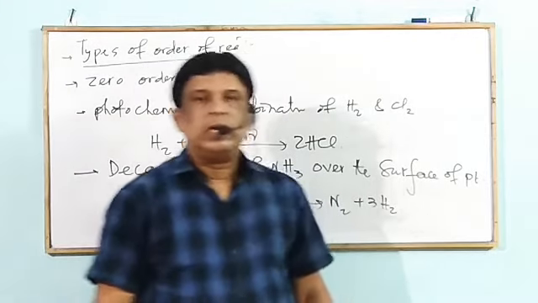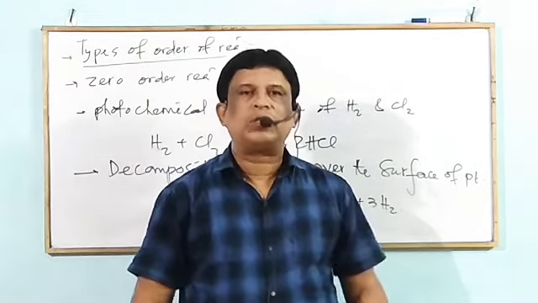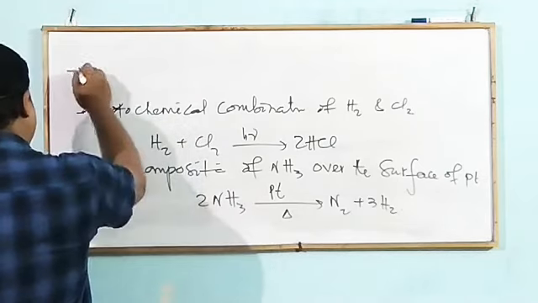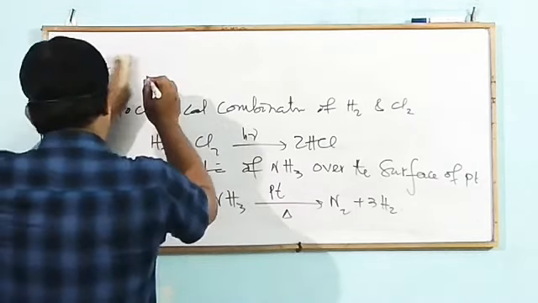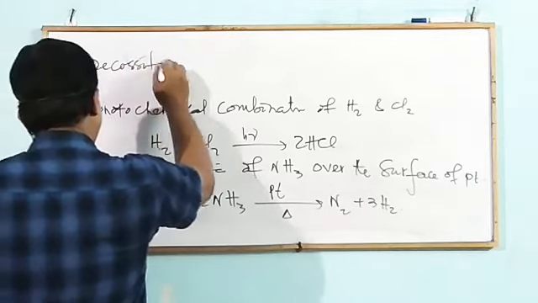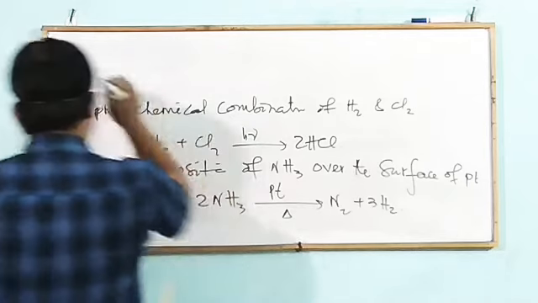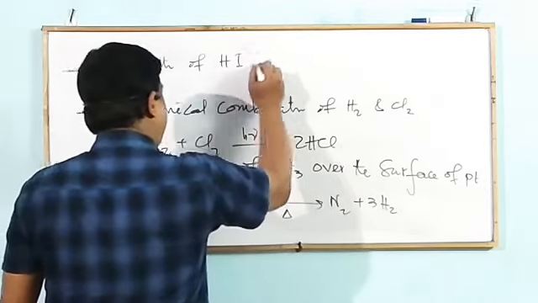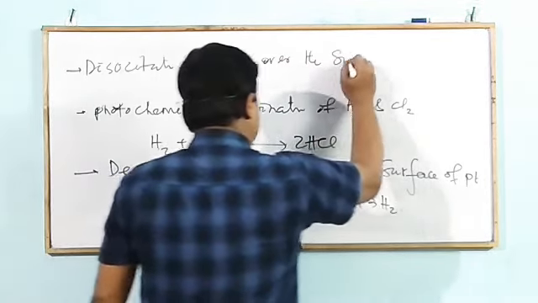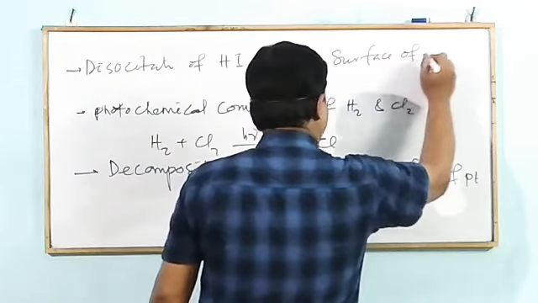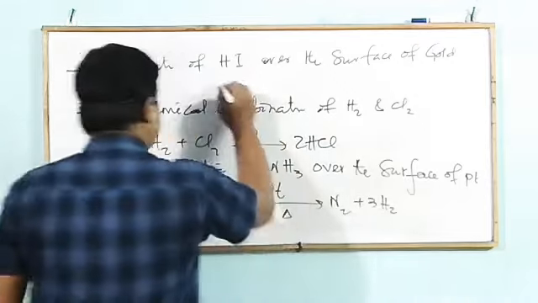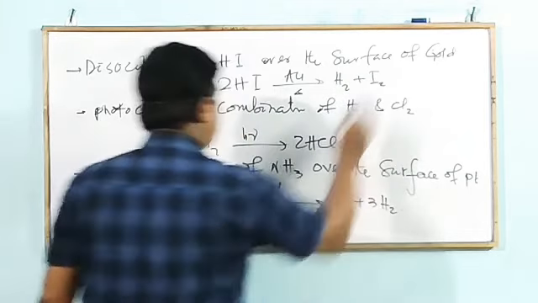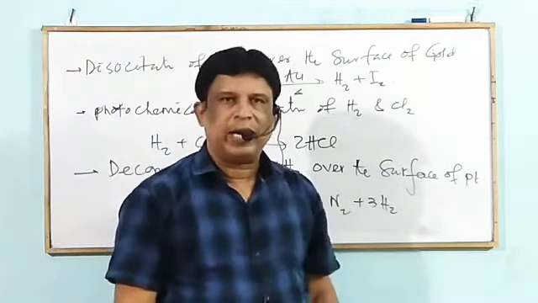Another example: dissociation of hydrogen iodide over the surface of gold, 2HI over gold gives H2 plus I2. These are some examples of zero order reaction.